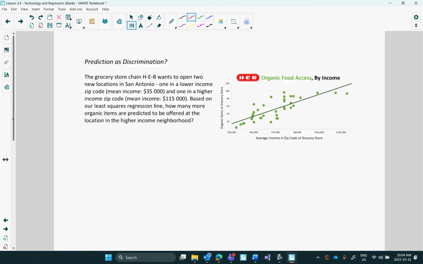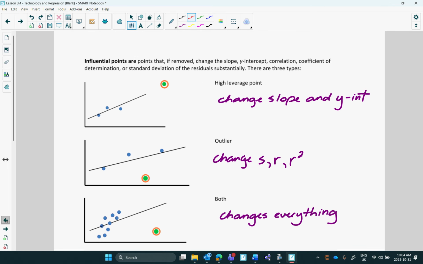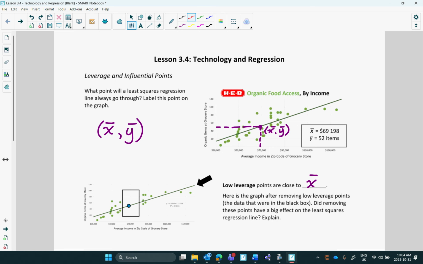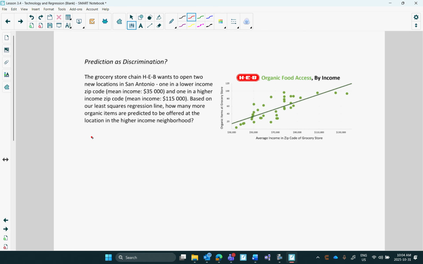I want to make sure we have it. I think it's from the previous lesson. I don't think it's here. Anyway, the equation was y hat equals negative 14.7 plus 0.001x. That was the regression equation.